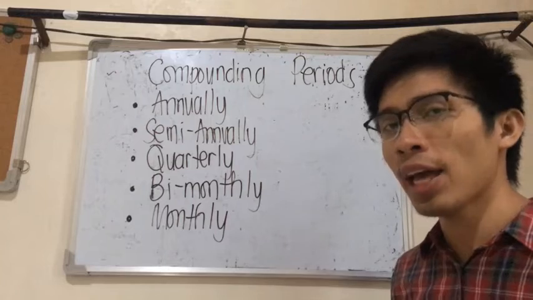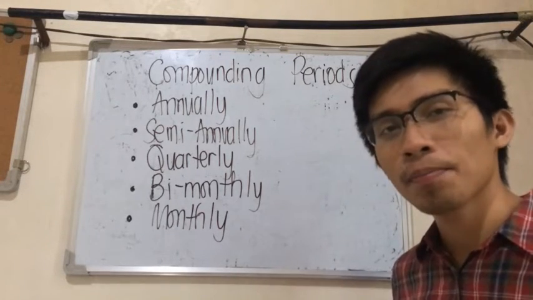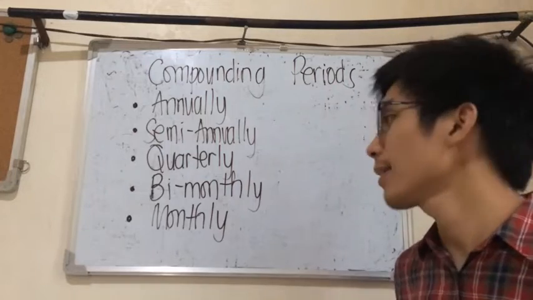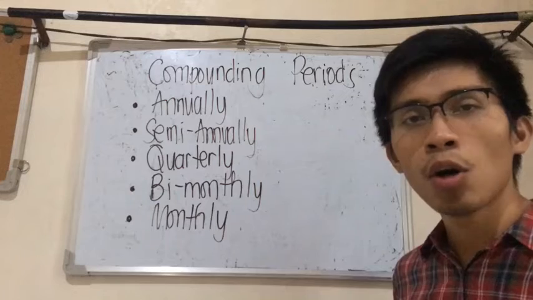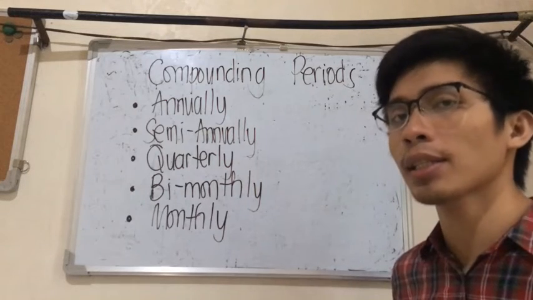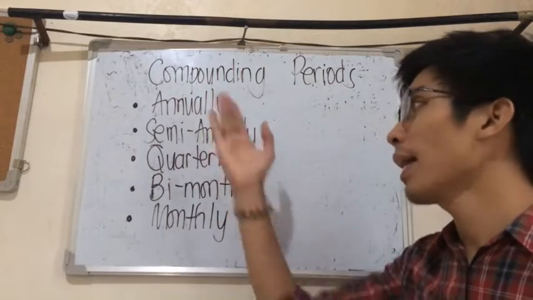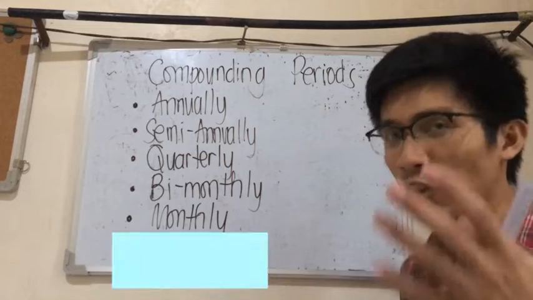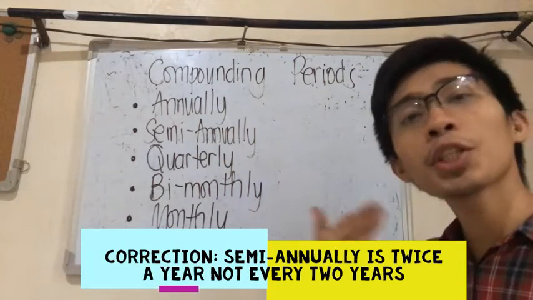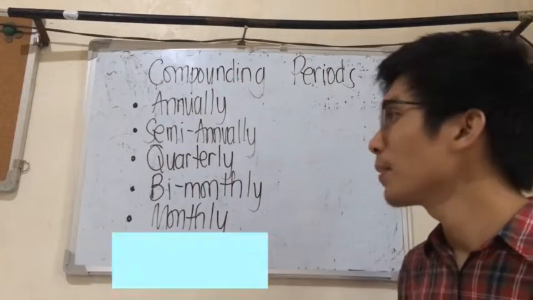Say for example, annually. When you talk about annually, it talks about every year. In short, your money will increase every year, or the full percentage rate or the interest rate will be applied every year. Semi-annually, it talks about every 6 months.